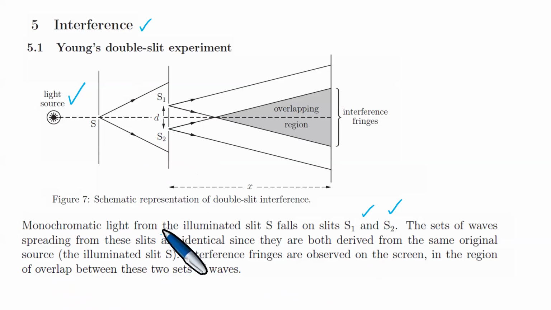So you can see what we call the interference fringes. Now there are interference fringes observed on the screen, because there's going to be another source 1, source 2, that's going to be an apparent source. So this one spreads like this, and this one spreads like this, and therefore there is an overlapping region of the interference fringes.